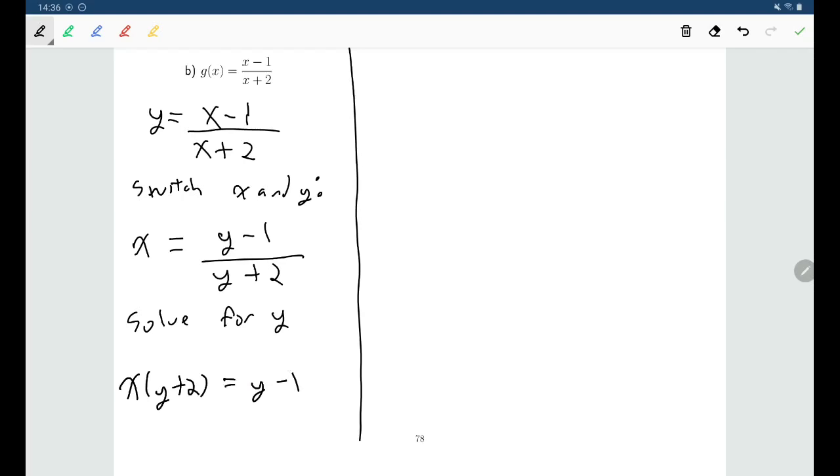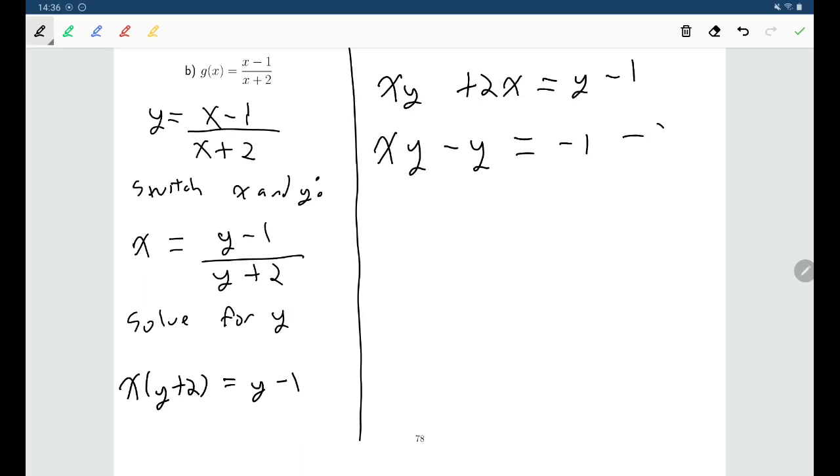I'm just going to expand out what I have on the left side. And since I want to solve for y, I'll bring everybody with a y to one side, and I'll bring everybody else to the other. And I'll factor out the y on the left side. And now I can solve for y by dividing everyone by x minus 1.